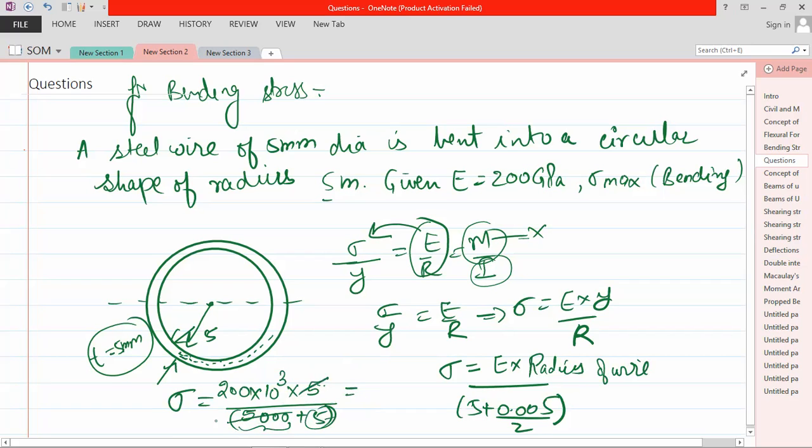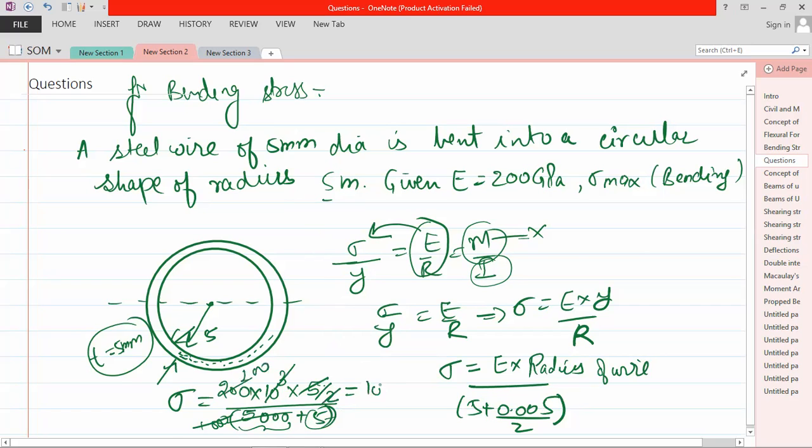So divide it like this, it is 1000, and you cut it, sorry, there is something wrong. 5 meter radius, oh, I got it wrong. y should be 5 by 2, it is 100.